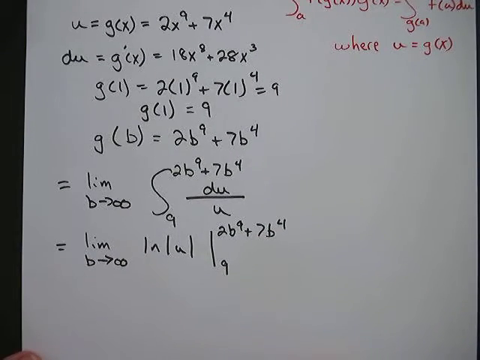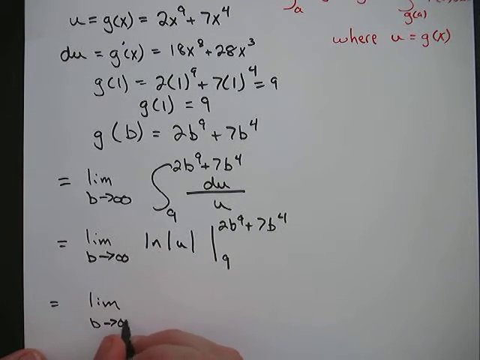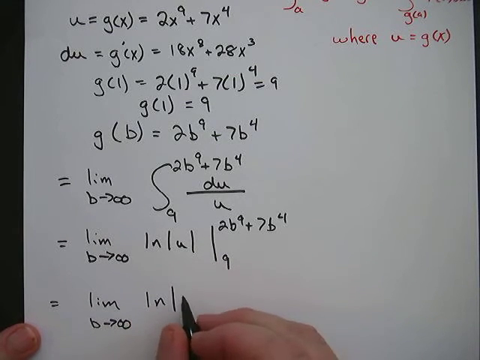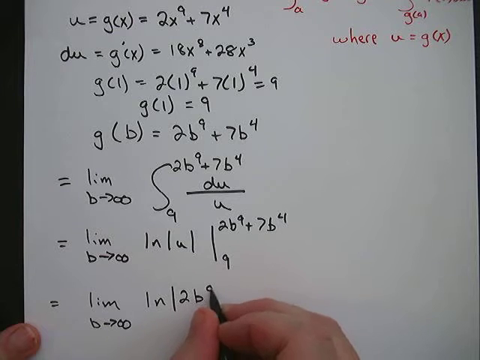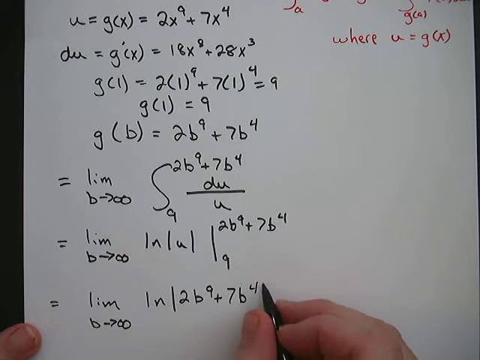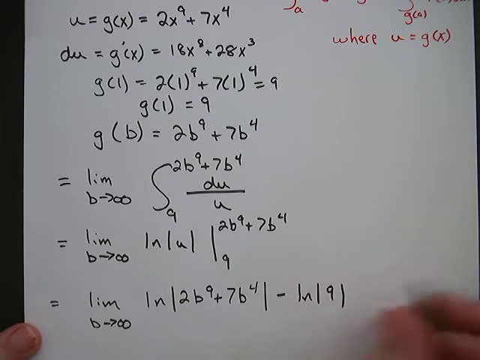When I plug in my limits, I get the limit as b approaches infinity of ln of (2b^9 + 7b^4) minus ln of 9.